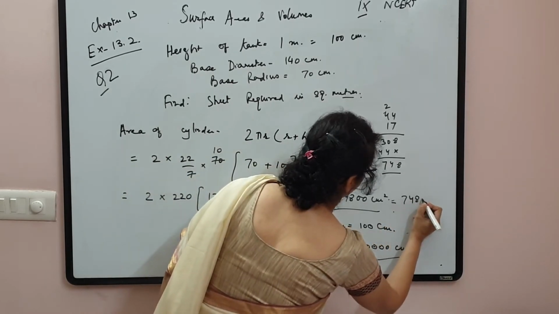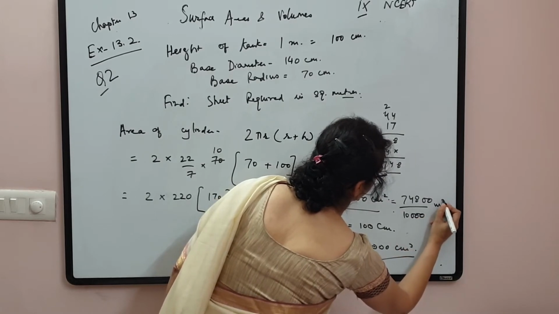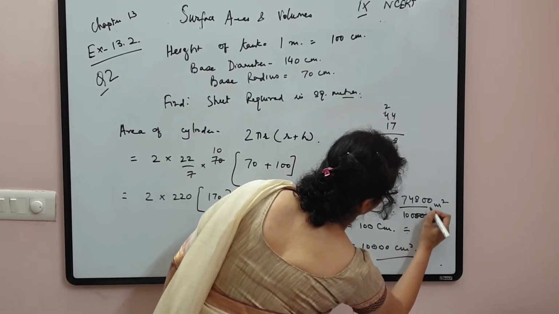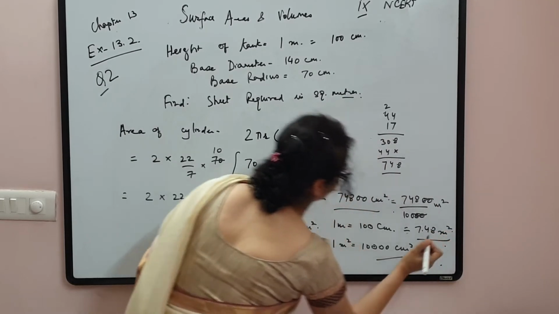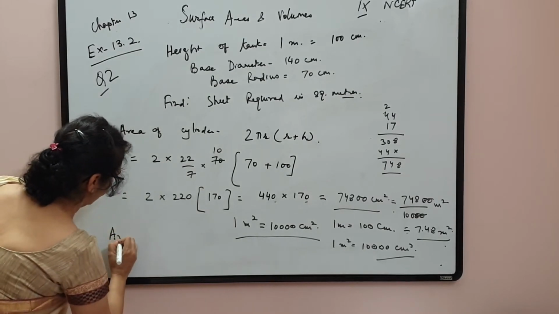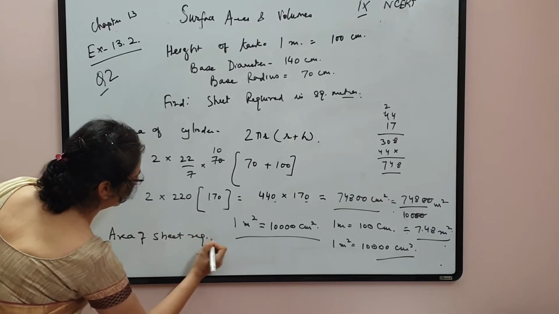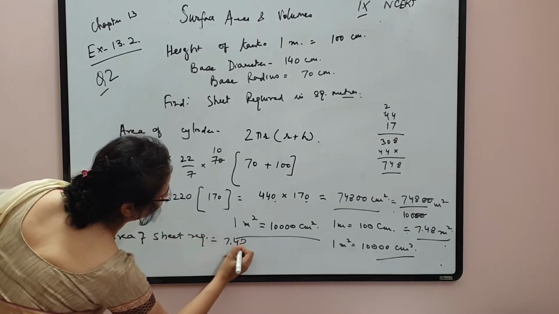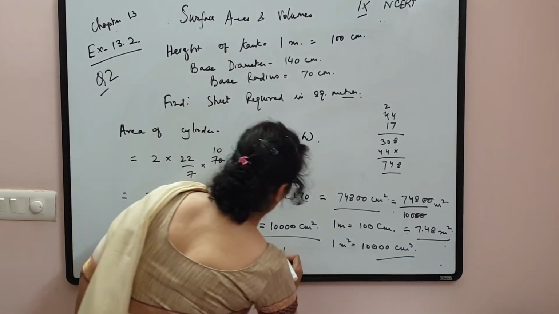So this becomes 7.48 meter square. This is your answer. The area of sheet required is 7.48 meter square.